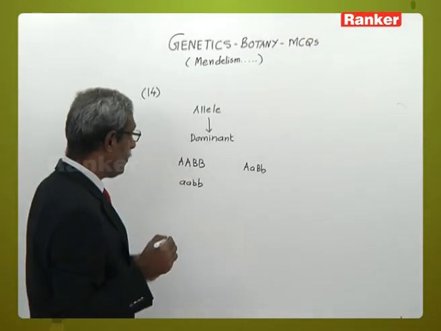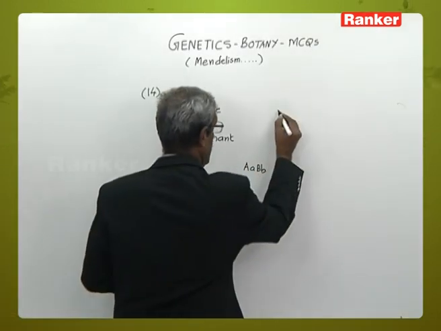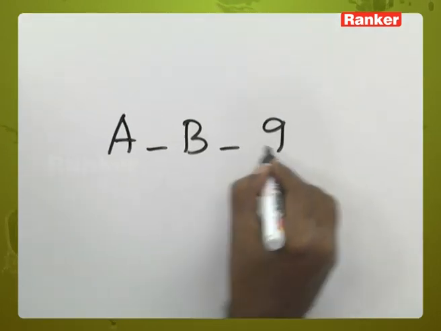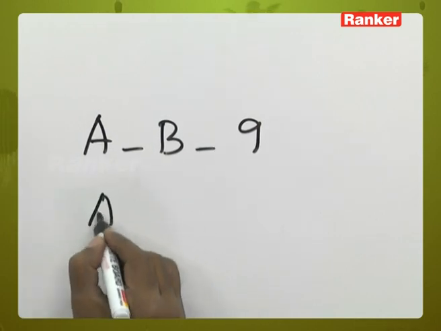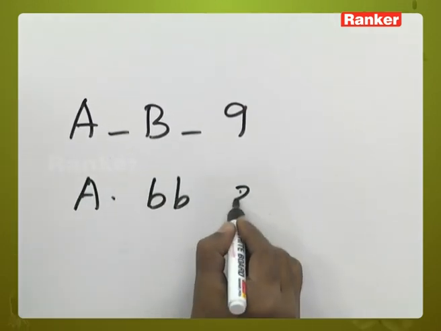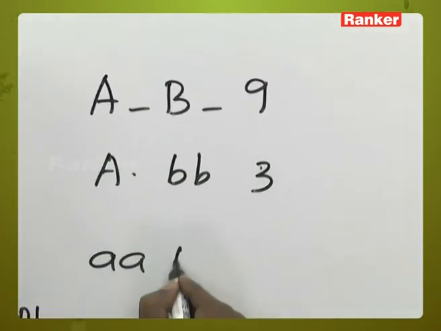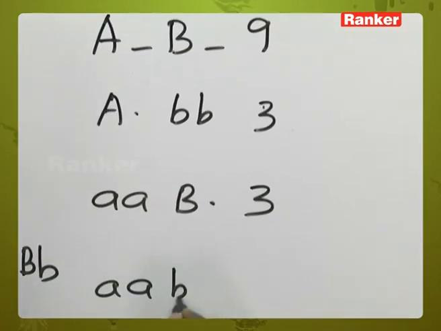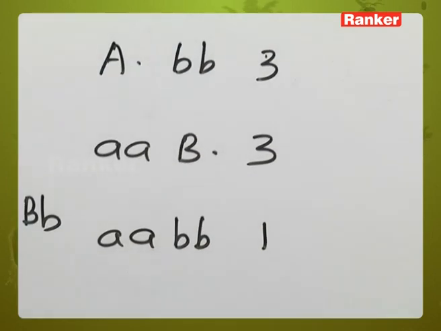A simple example of this particular logic: capital A dash B dash should be 9, capital A dash small b should be 3, small a capital B dash should be 3, small a small b is 1.